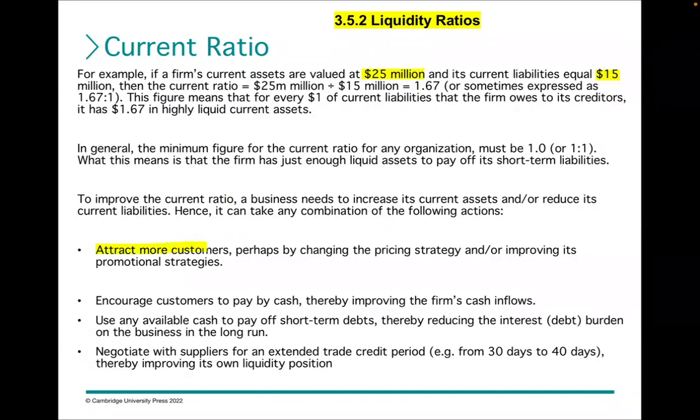Attract more customers, perhaps by changing the pricing strategy or improving its promotional strategies. Encourage customers to pay by cash, which definitely will help you. I remember a company in the UK, a Japanese restaurant, and they had a very good deal.